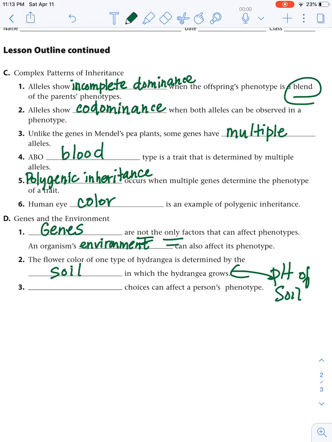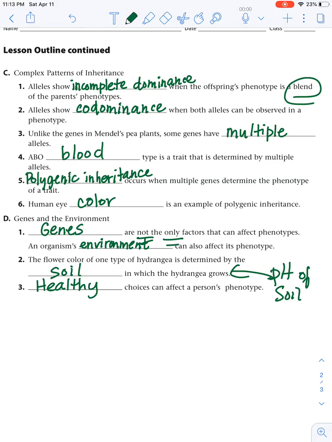All right, number 3, the last one, it says blank choices can affect a person's phenotype, and really it's healthy choices. It's whether or not you're choosing to do things that are healthy for you. That can really affect things like whether or not you get cancer. So you may have a gene that makes you more vulnerable to cancer, but you can do some things to help mitigate the possibility of getting cancer.